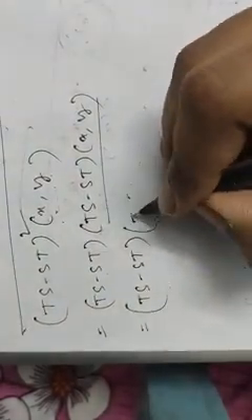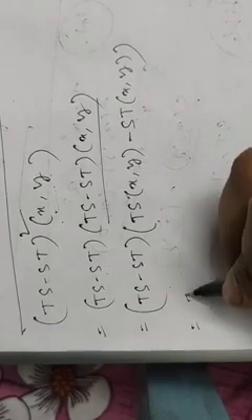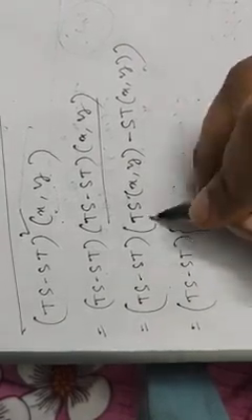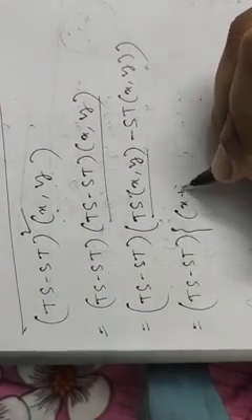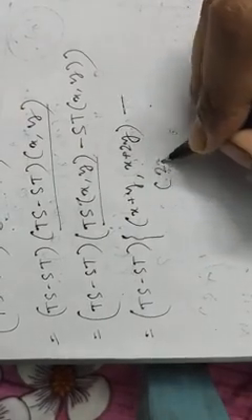So this becomes ts(x,y) minus st(x,y). Now what does it mean by ts(x,y)? We have already computed ts, that was (x+y, x+2y), minus st(x,y), which we have already computed, that means (2x+y, x+y).